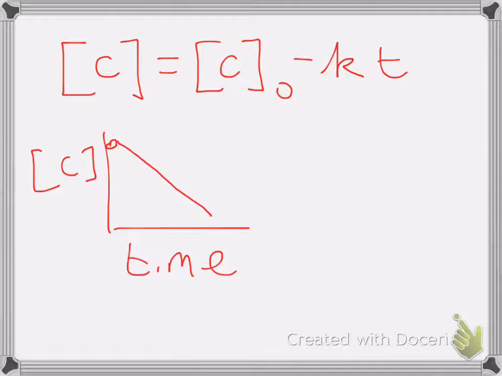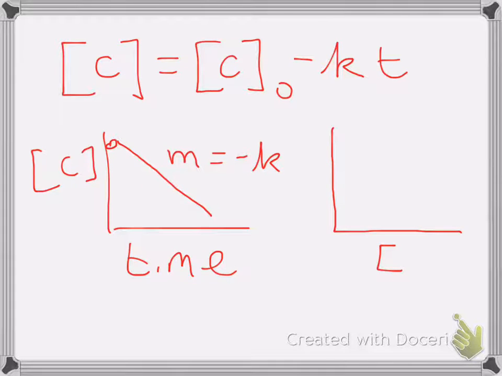Linear because the time is linear with respect to concentration, and the slope is minus k. That should be clear and straightforward based on the relationship that we see here, where we see C0 is in the form of b, the intercept, and minus k is the slope, and time would be an x variable if we were going to put it in the standard format.